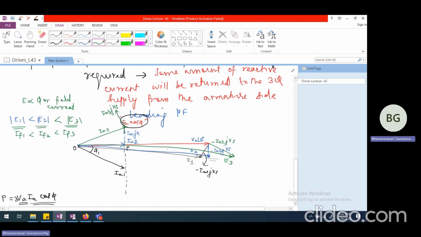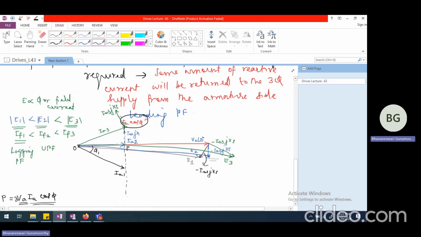You can very well see that when IF1 was really minimal, at that point it was a lagging power factor armature current, and I was having an excitation voltage which was also smallest.